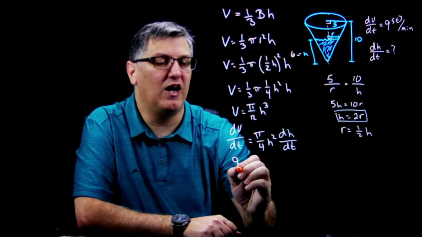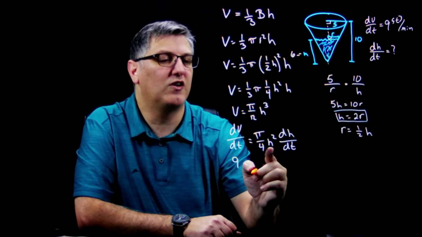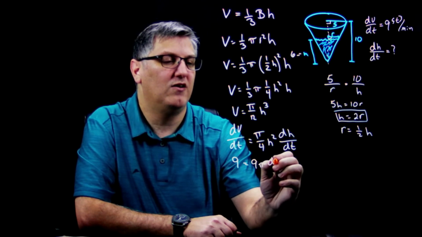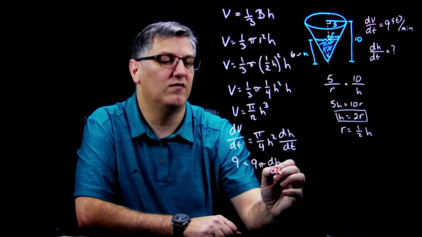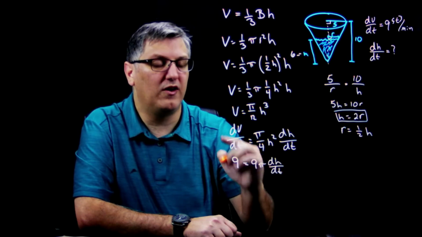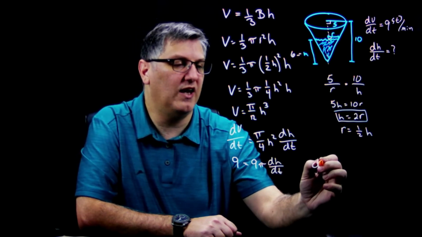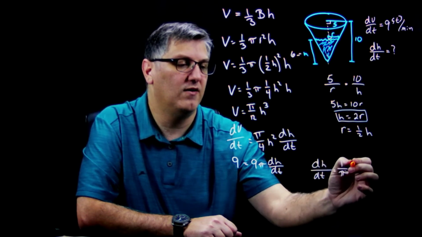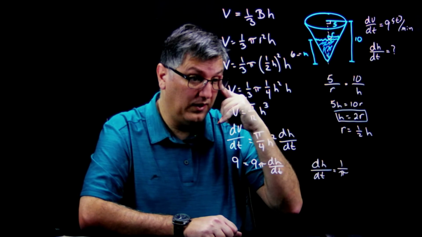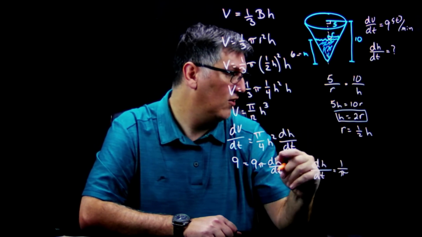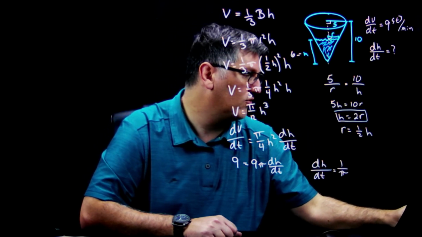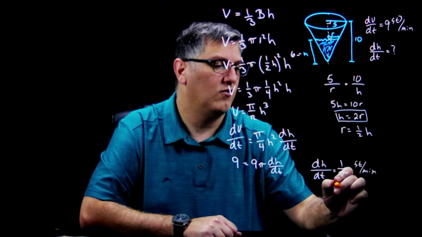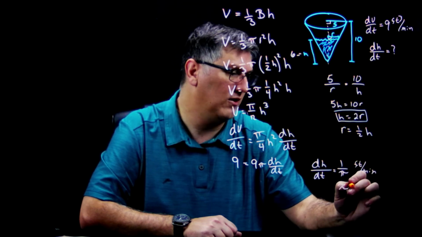So I have 9 equals, well, 6 squared is 36, and 36 divided by 4 is 9, so 9 pi dh/dt. When I divide this over, I get dh/dt equals 1 over pi, which in feet per minute is approximately 0.318 feet per minute.